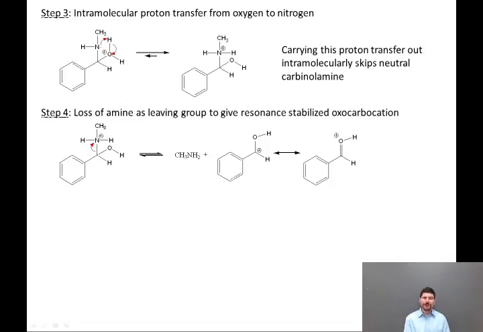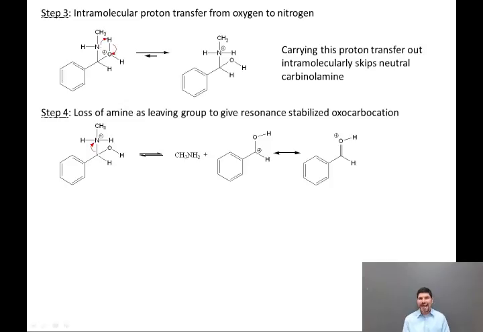We take those electrons, put them onto the nitrogen, which is the more electronegative element, and then that gives off a molecule of methylamine, CH3NH2. What is left behind when you expel a leaving group under acidic conditions is a carbocation, and this carbocation is a resonance stabilized oxocarbocation.